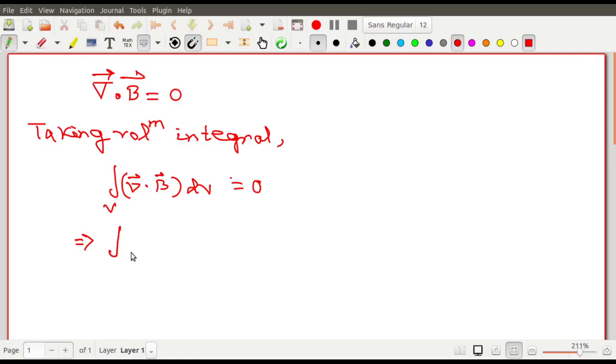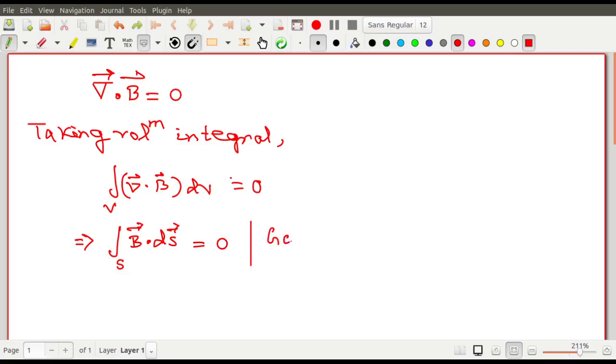If you don't know it, just try to learn it from here. It will be used only over here, nowhere else for the time being. So the integral of divergence of B dV equals 0, or from here you may write the integral of B dot dS vector equals 0. This is actually known as Gauss's divergence theorem.